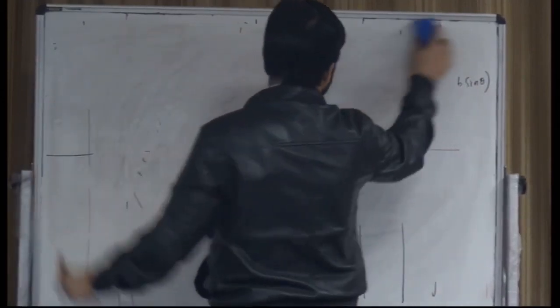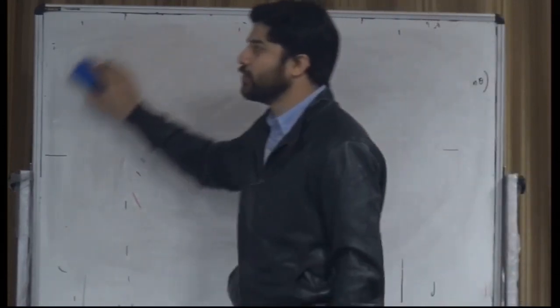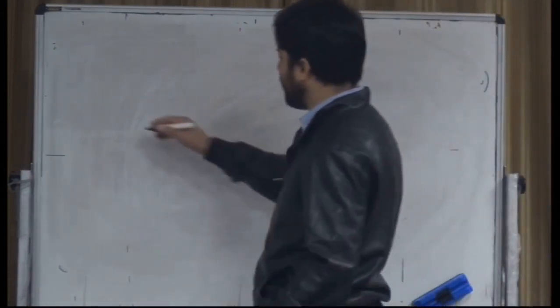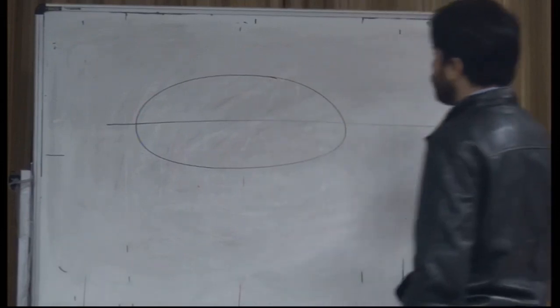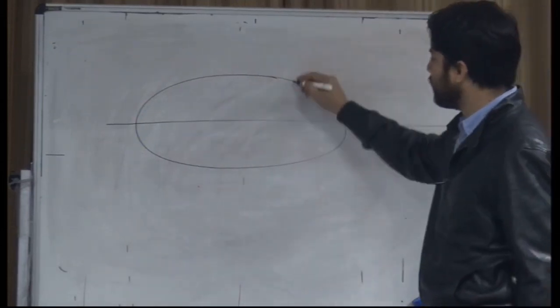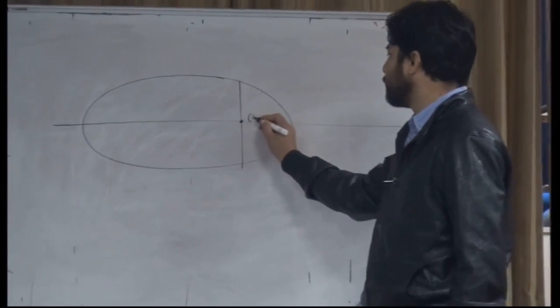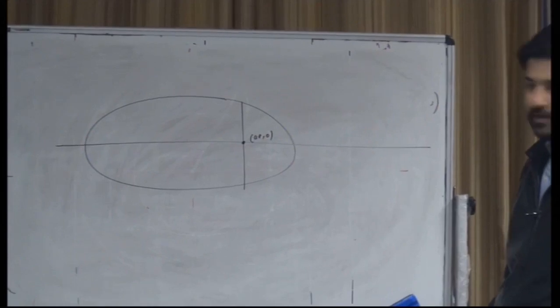One student asked that how did you find that the ordinate of one of the end point of latus rectum is going to be b square upon a, which you have successfully derived. See, when you see an ellipse, this is an ellipse, this is your major axis, and this is your latus rectum. Latus rectum is something which is a focal chord and double ordinate as well, right?